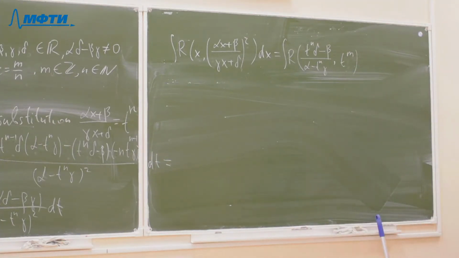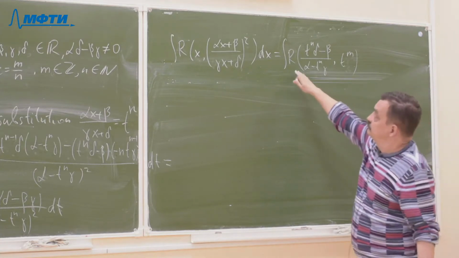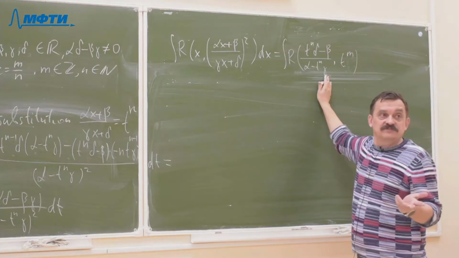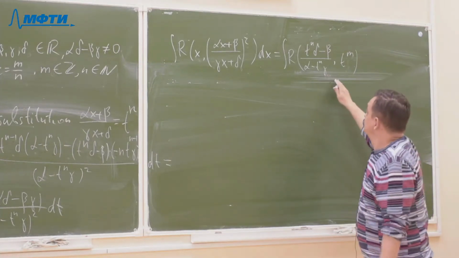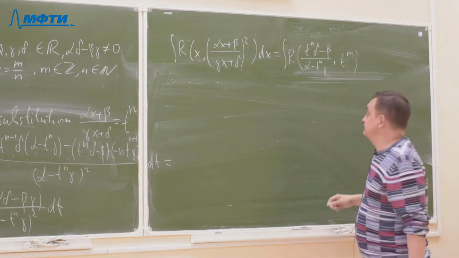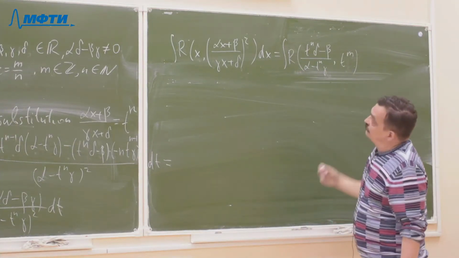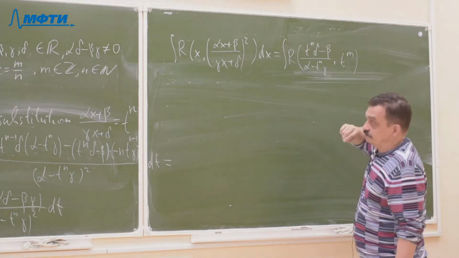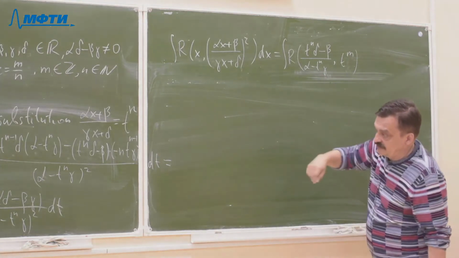So this expression is a rational function of t. Just polynomials, and we substitute those expressions, we obtain rational functions. So after transformations, it will be a rational function of t. What remains?